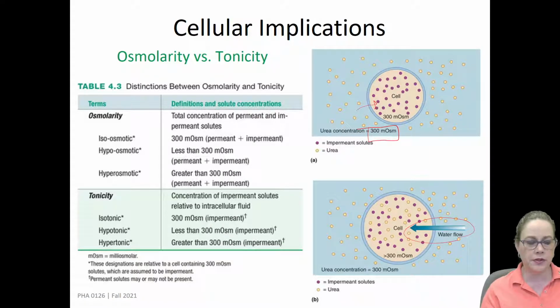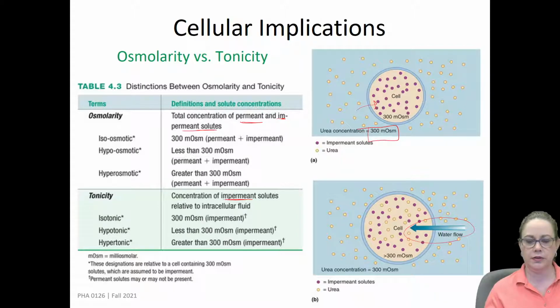So there is a difference between osmolarity and tonicity. With osmolarity, you're looking at the concentration of both permeant and impermeant solutes. With tonicity, we're just looking at the concentration of impermeant solutes relative to the intracellular fluid. I'm not going to really ask you questions to distinguish.